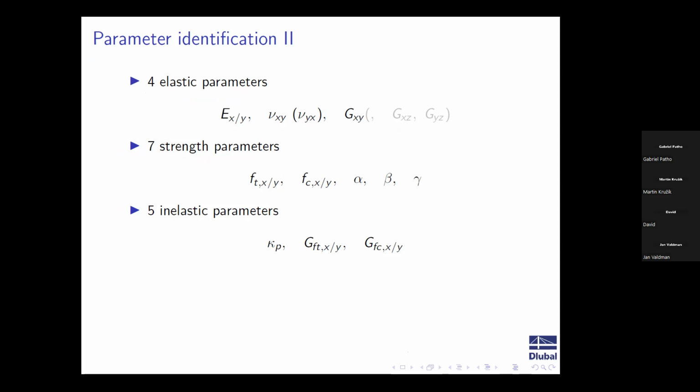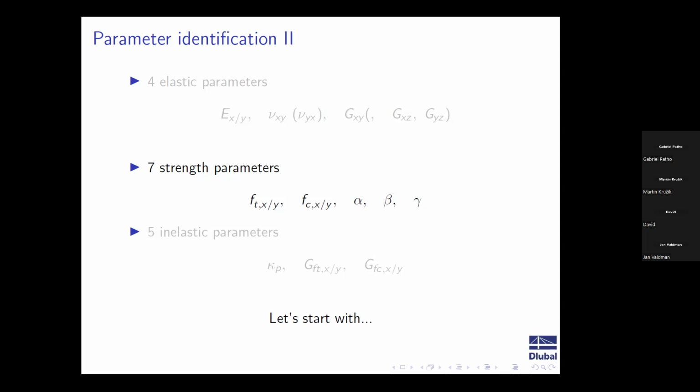Kappa P, I think I haven't really talked about much. This is the equivalent plastic strain at peak compressive stress, so where my hardening ends and goes into the crushing state.